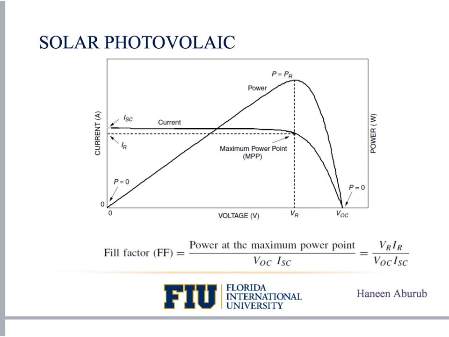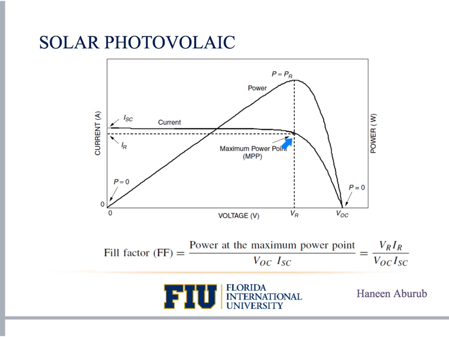At the two ends of the IV curve, the output power is 0, since either the current or the voltage is 0 at those points. The maximum power point is a very important concept related to solar PV.